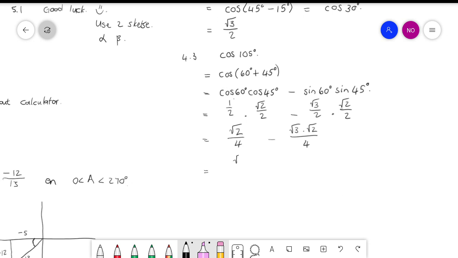So ons het wortel 2 minus wortel 3 maal wortel 2 op 4. Ek dink jy kan verder vereenvoudig hier. Jy kan mos daai gaan skryf as wortel 6 ook, maar hulle het spesifiek vir jou gesê they want it in terms of root 2 and root 3. So don't go writing that as root 6, even though it is root 6.